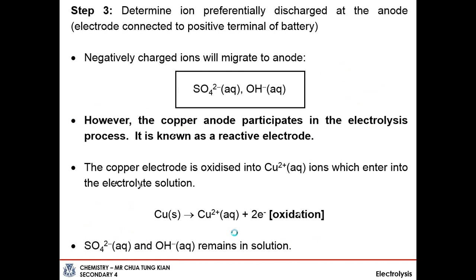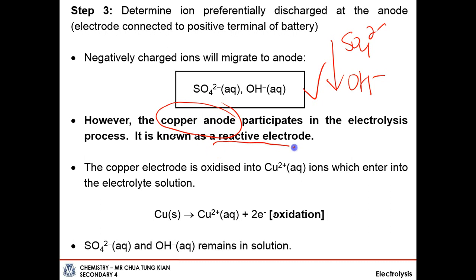At the anode it is a bit different now. If we analyze the ions, we know that SO4 2- and OH- are present. Both of them will migrate to the electrode, and with SO4 2- being at the top and OH- at the bottom of the series, OH- would normally be preferentially discharged. However, in this case you have a copper anode, and copper behaves like a reactive electrode.